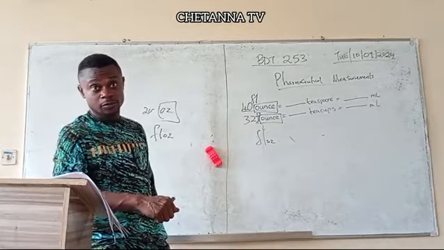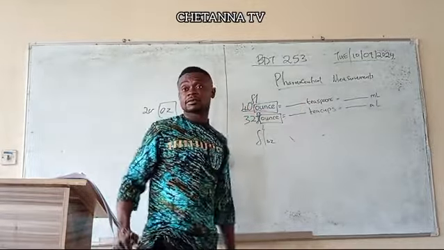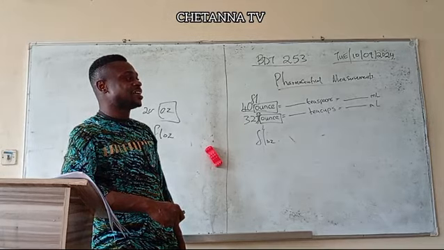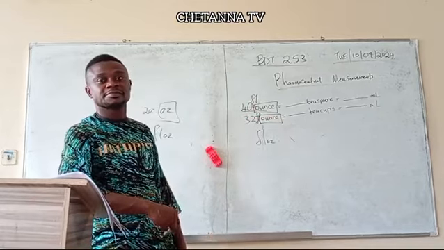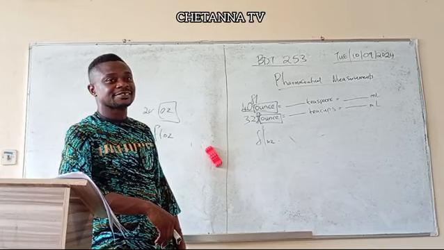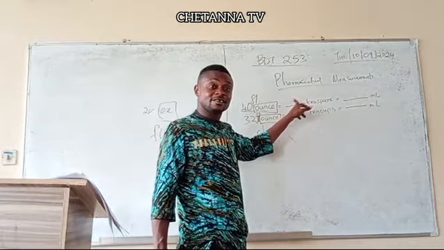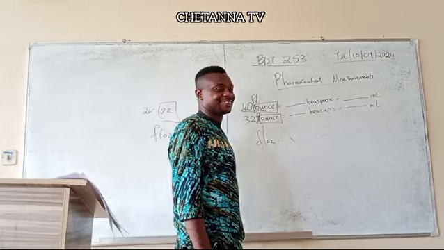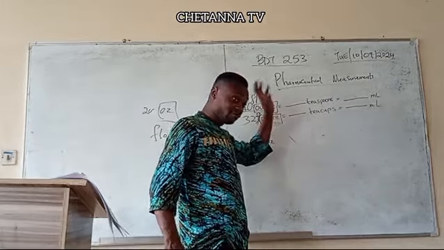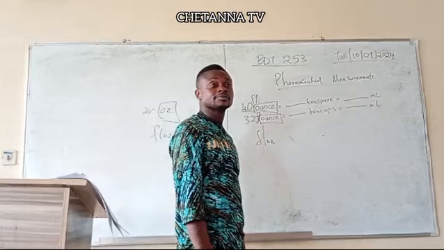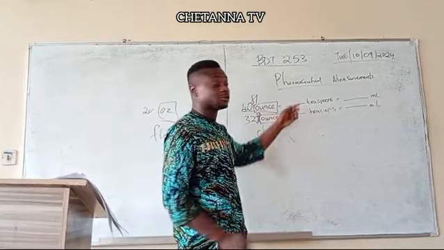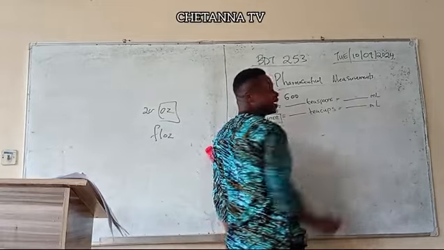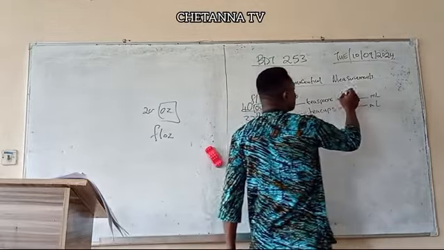Forget what I said, just tell me the value that should be here. 600 teaspoon. What should be here? It's 1,200.